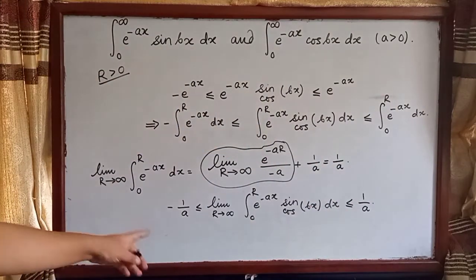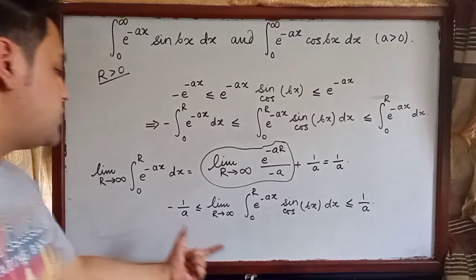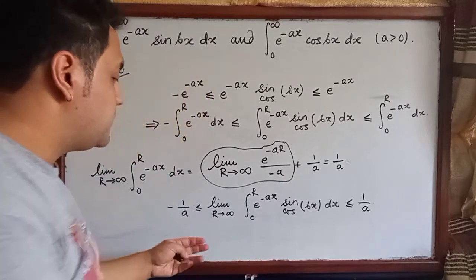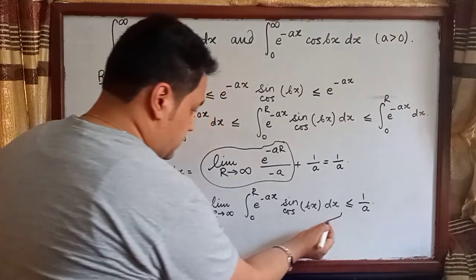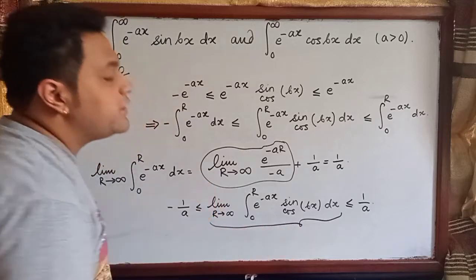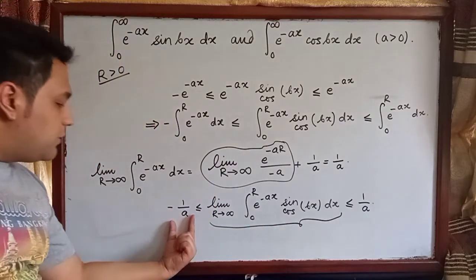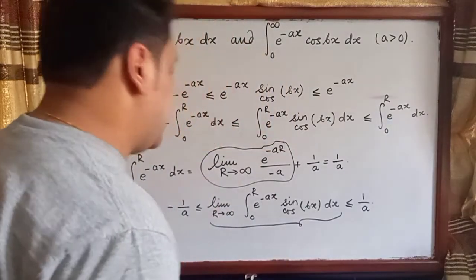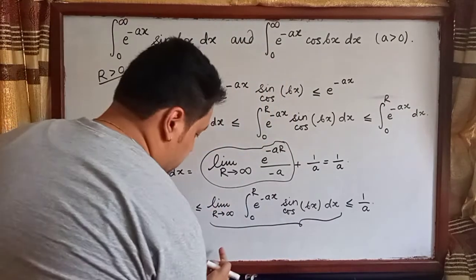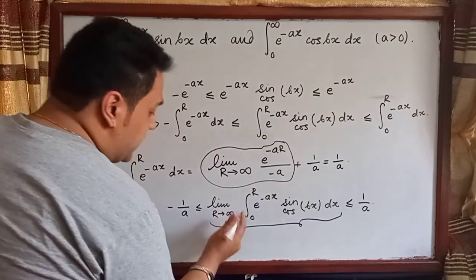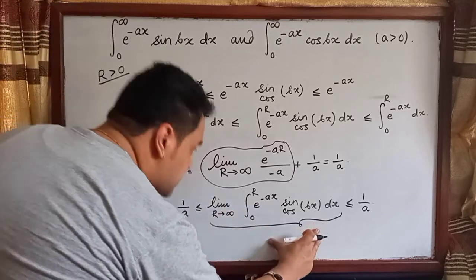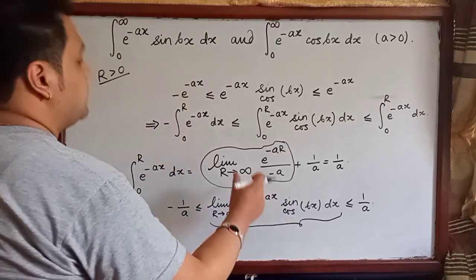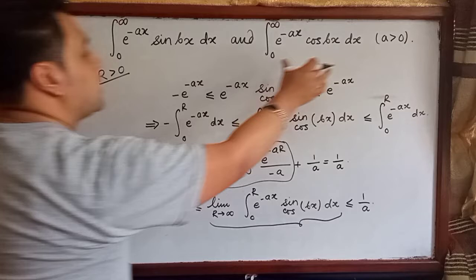Now, this shows that this limit is finite, because minus 1 by a is finite and 1 by a is also finite. Hence, since this limit exists, we can say that the given integrals are convergent.